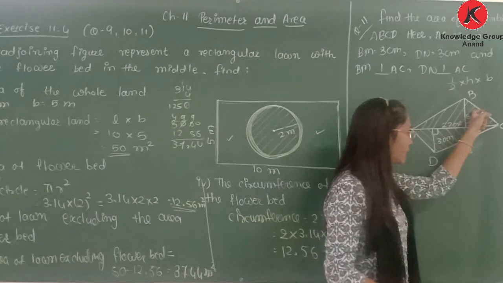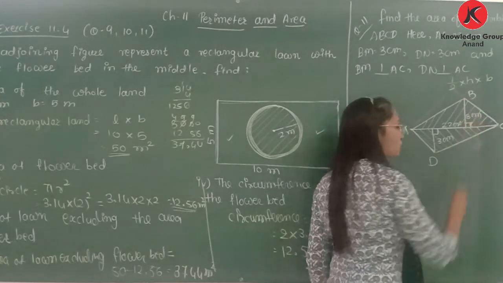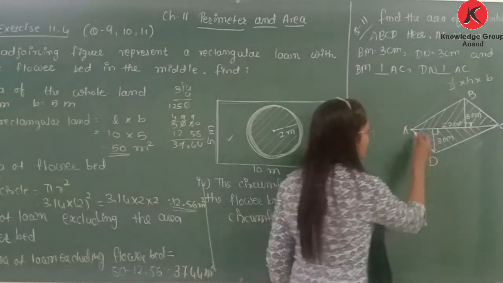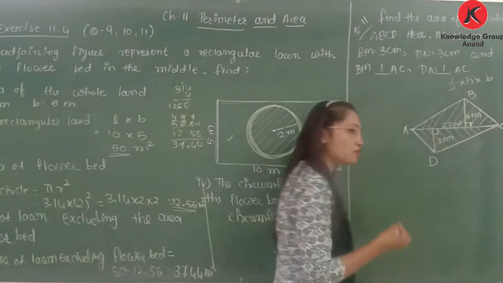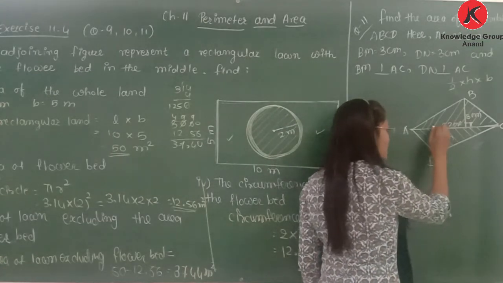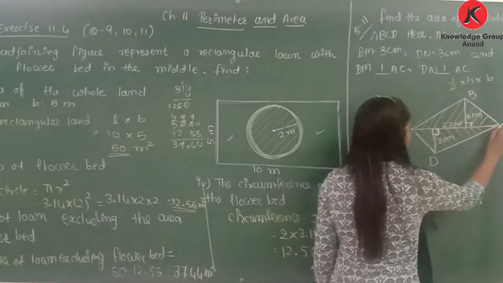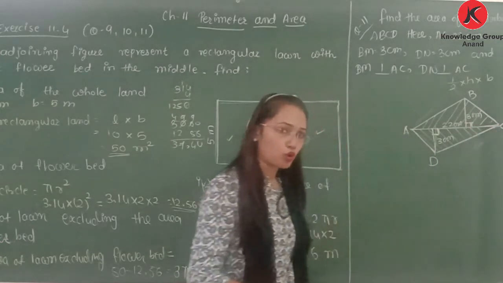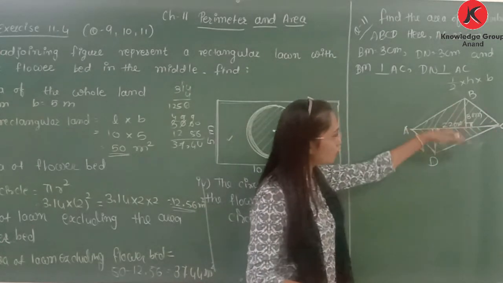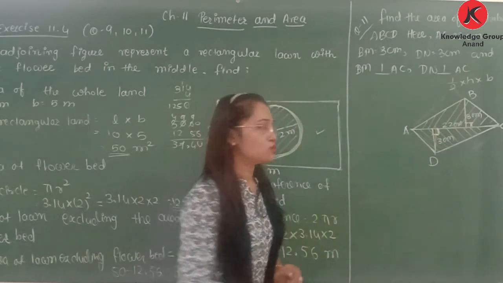For triangle ABC, the height is given, this perpendicular distance, and the base AC is given. For ACD, the height is a perpendicular distance and AC is given. So we can find the area of both the upper and lower triangles and then add to get the area of the quadrilateral. So let's start.